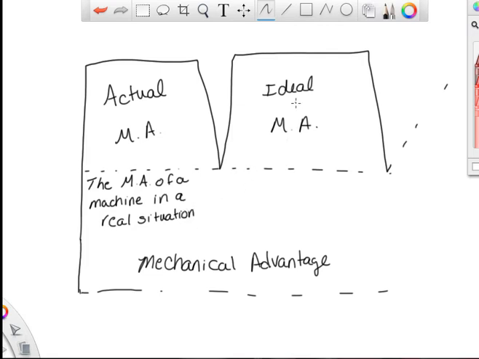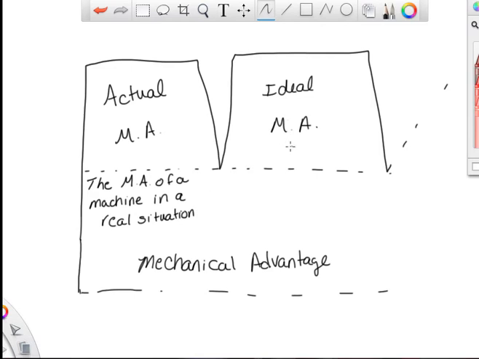When we're talking about ideal mechanical advantage, this is what they sell you a lot in car dealerships. When they tell you that the gas mileage is going to be 36 miles to the gallon, that's in an ideal situation. Unfortunately, you don't always get those numbers because you live in the real world.